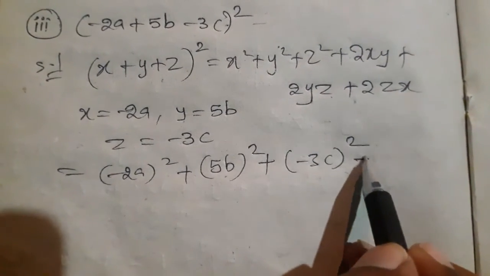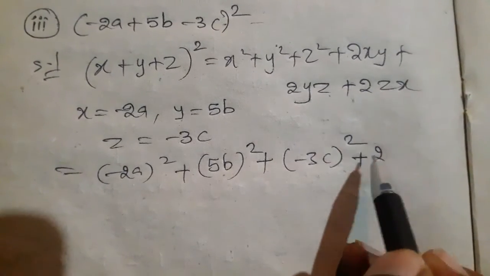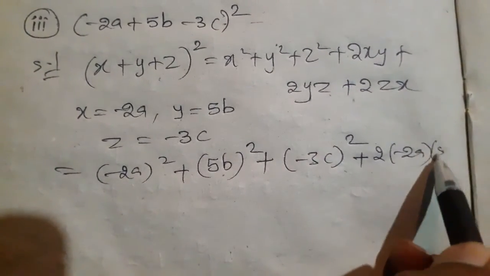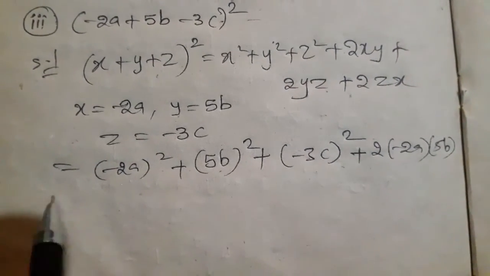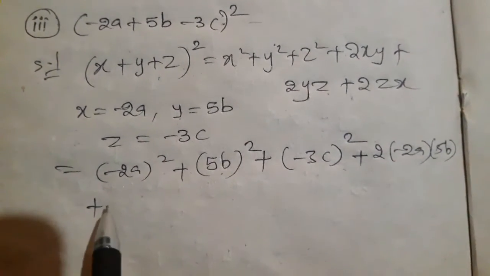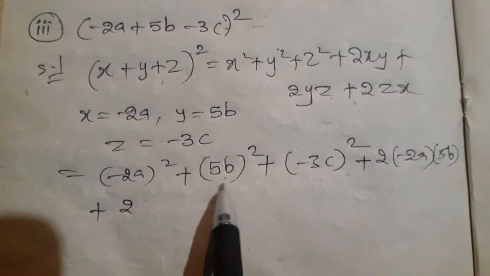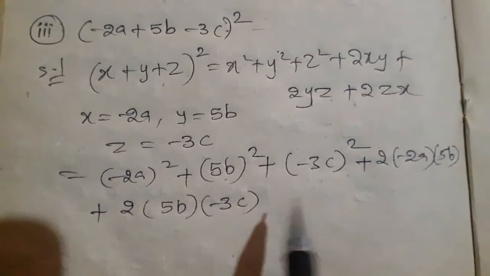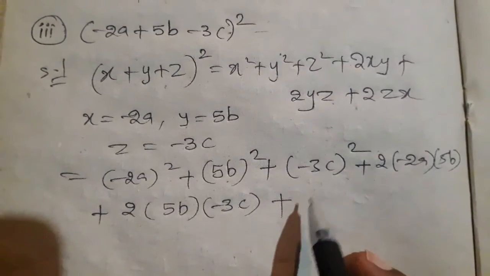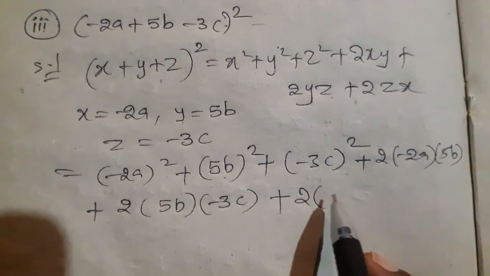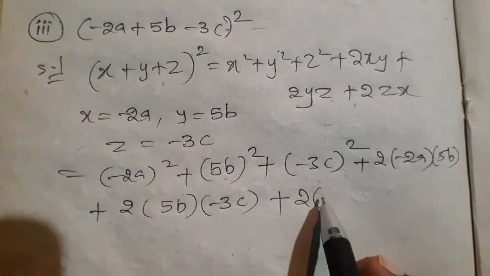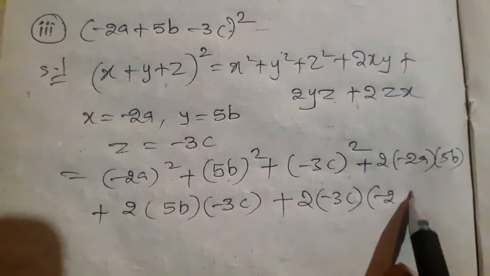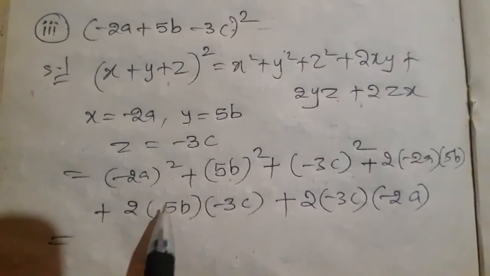Next plus 2xy, that means minus 2a into 5b. Next plus 2yz, y is 5b, z is minus 3c. Next plus 2 into zx, z is minus 3c, x is minus 2a. Now multiply all.